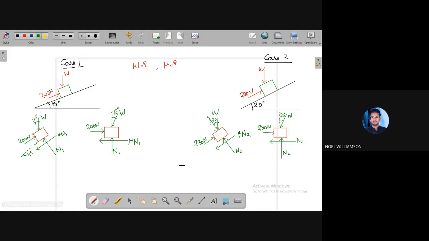So after completing the free body diagrams, you may go to the relations. Sigma fx equal to 0.